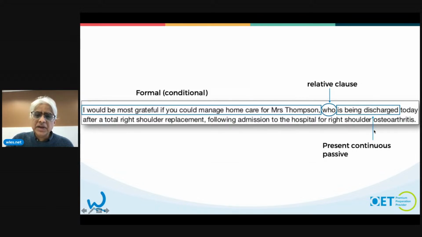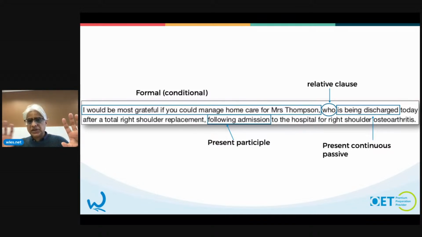Interestingly enough, a present continuous passive is being used. And then we have a third clause with a present participle. We've taken the verb follow, we're using it in its ing form, following, called present participle. So we've got 3 different clauses there. We've got a beautifully structured sentence. This is all one sentence. It's called a complex sentence.